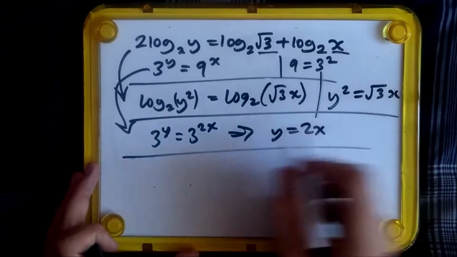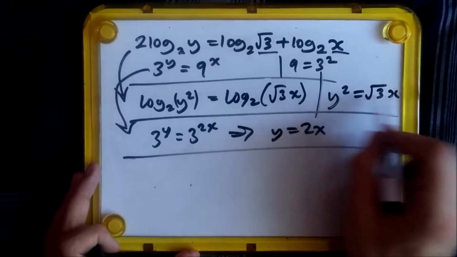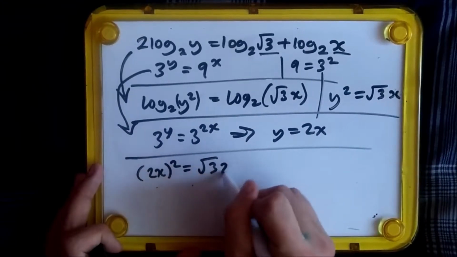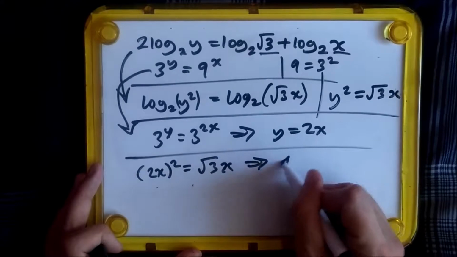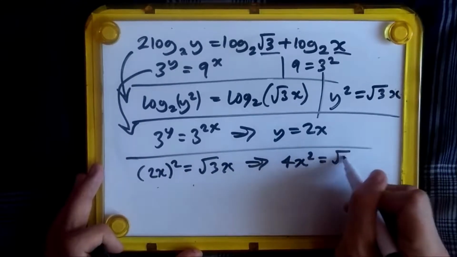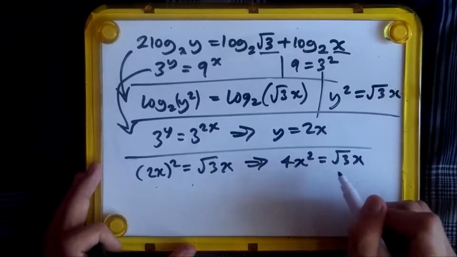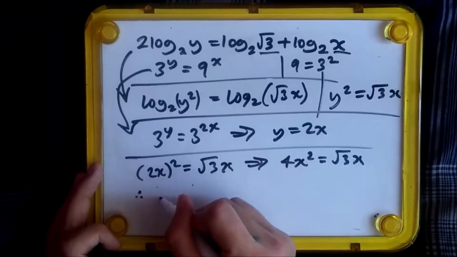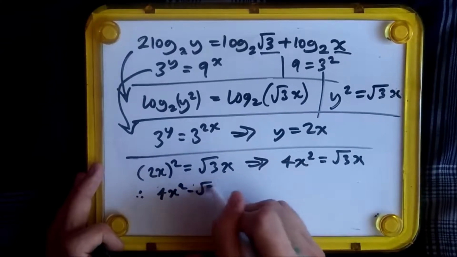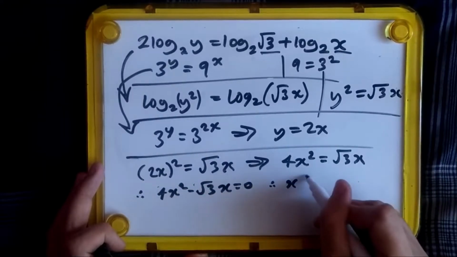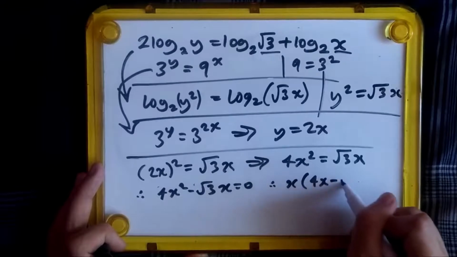So what does this mean? Substituting y equals 2x into here, we should have (2x) squared equals root 3x. Expanding, we should get 4x squared equals root 3x. Now putting everything on one side, this should give us 4x squared minus root 3 x equals 0, and factorizing x will give us x times (4x minus root 3).